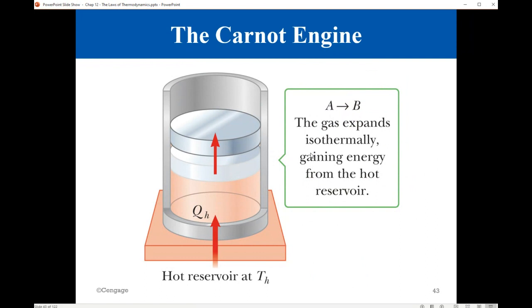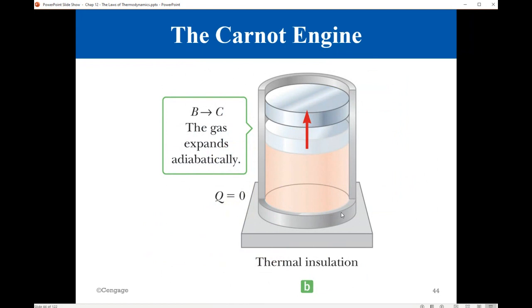So this is the first process. The gas expands isothermally, gaining energy from the hot reservoir, and it goes from state A to state B. Then in the second segment of the cycle, the gas expands adiabatically and goes from B to C. Adiabatically means Q is 0.